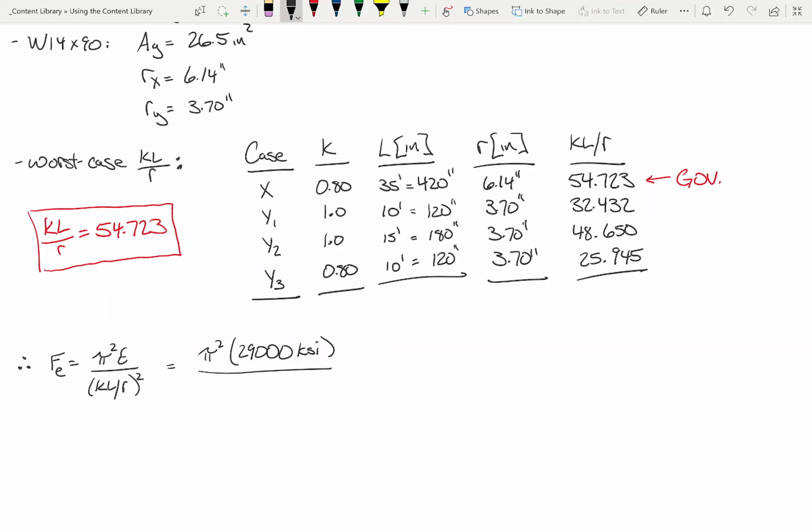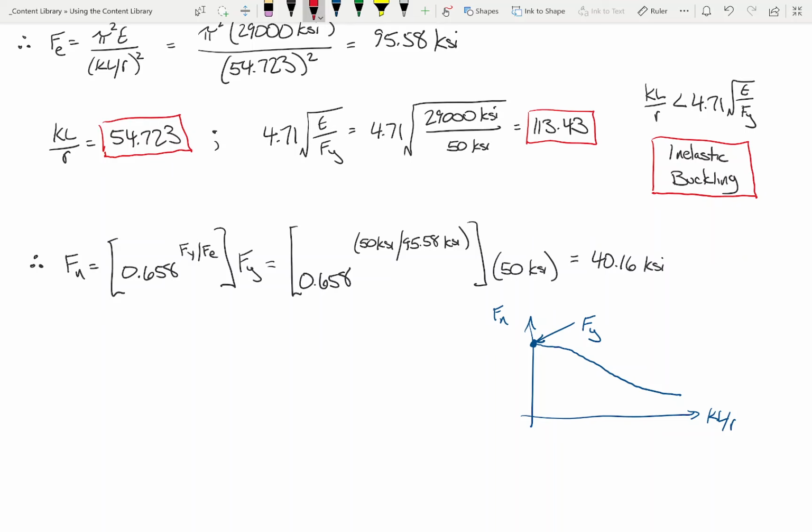At KL over R equals 0, FN is equal to, in this case, 50, but more generally, it's equal to Fy, right? Okay? What I'm getting at is this. What if you did a calculation on an exam and for this value you got this? Would that be right? That wouldn't be right. It couldn't be right. Why? Because it can't be bigger than Fy. You see what I mean?